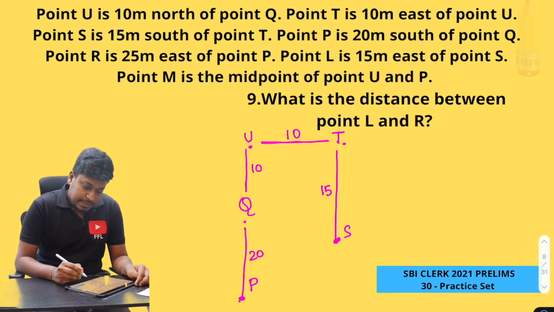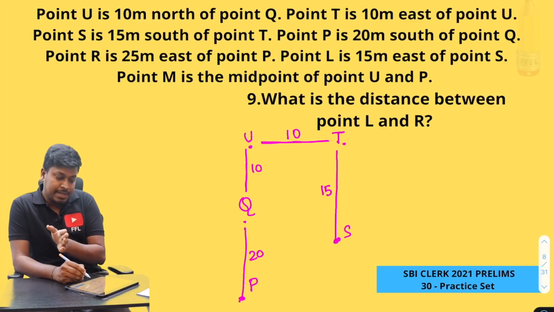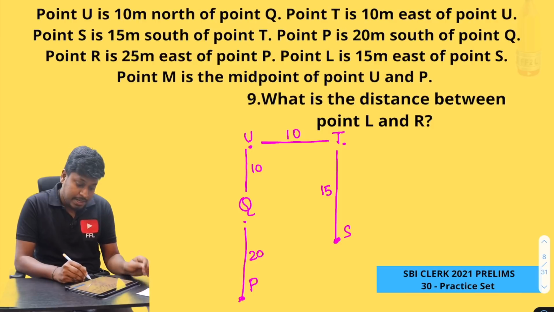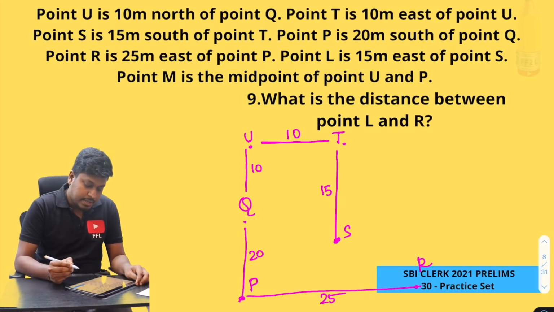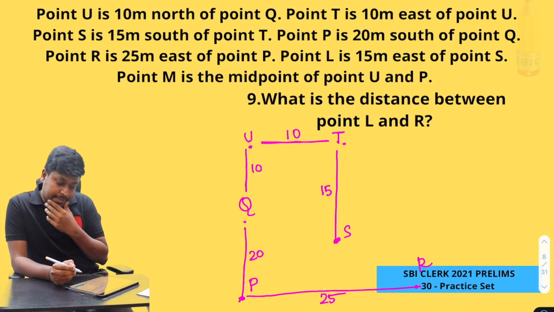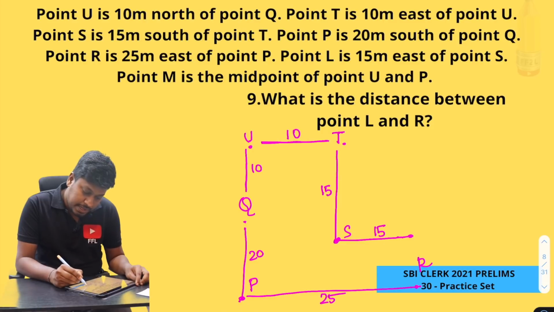So next, point R is 25 meters to the east of point P. So from point P, eastern side 25 meters is point R. This is 25 meter, which is point R. Got it? So next, point L is 15 meter to the east of point S. So from point S, eastern side at 15 meter, this will be point L.